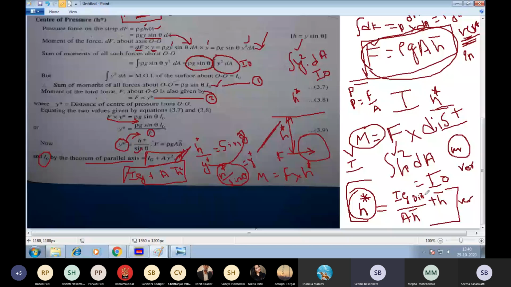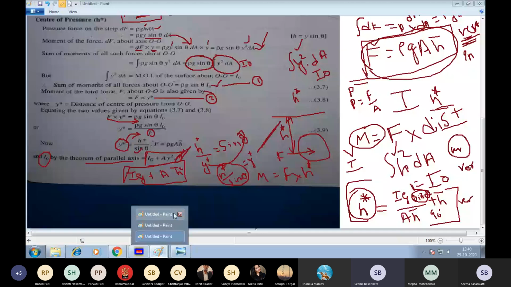That is the only difference. If the value of theta remains 90 degrees, then it is equivalent to 1. Understood? So these are the equations by which you calculate the value of h star.